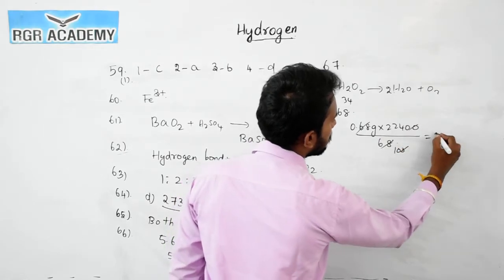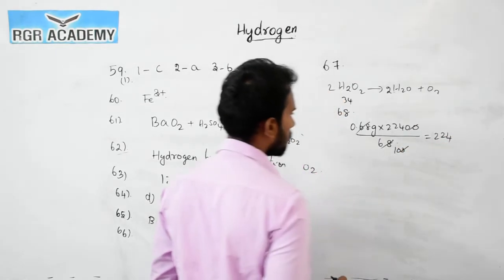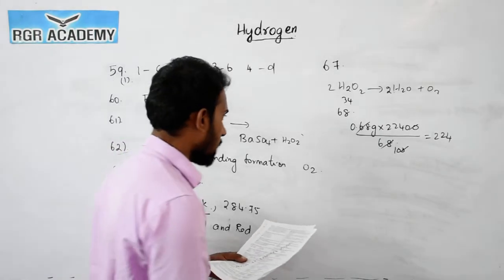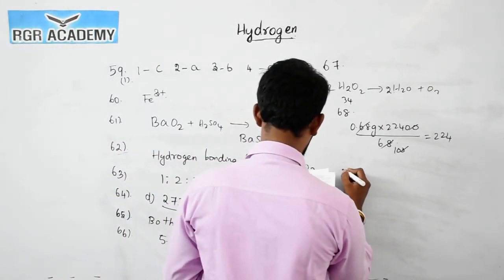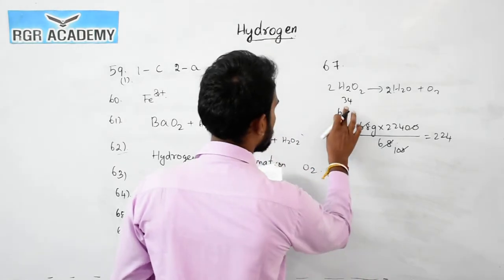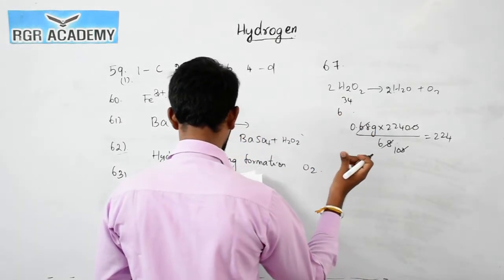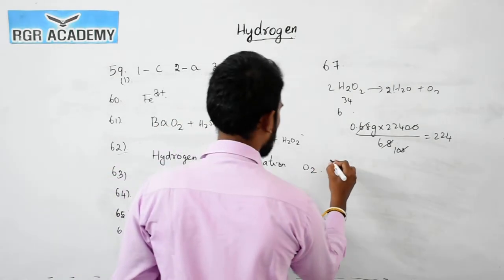So the value is 224. So 224 ml is the right answer for question number 67. Now the question number 68.